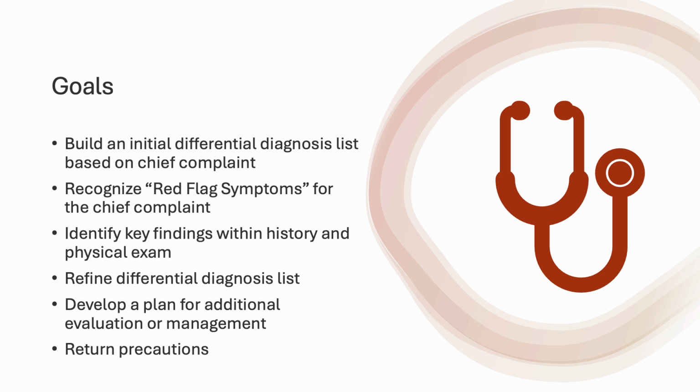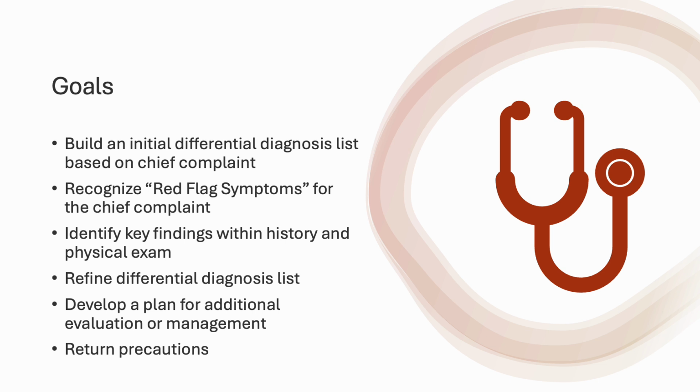The goal of this presentation is to help teach you to continue to build your skills at creating these differential diagnoses lists based on a chief complaint. We'll talk a little bit about what red flag symptoms are for this particular chief complaint, identify some key findings within this patient's history and physical exam that point us in one direction versus another.